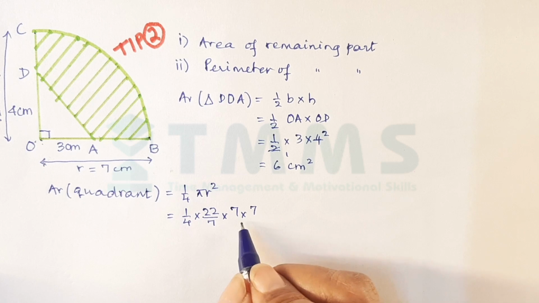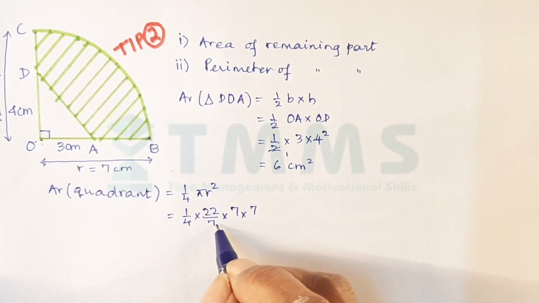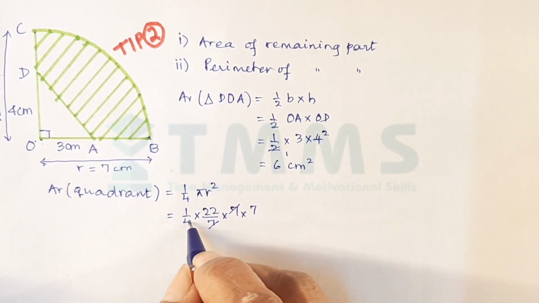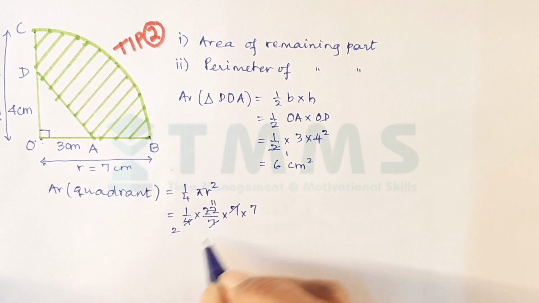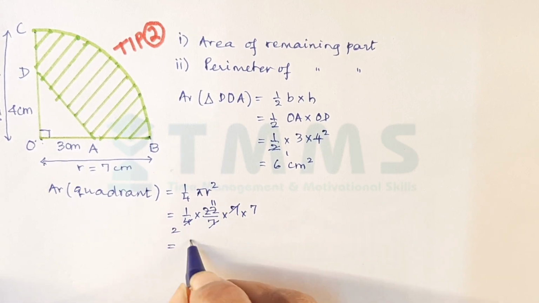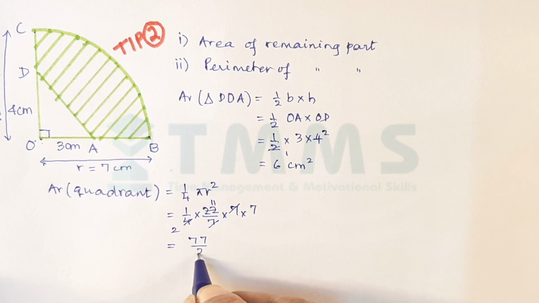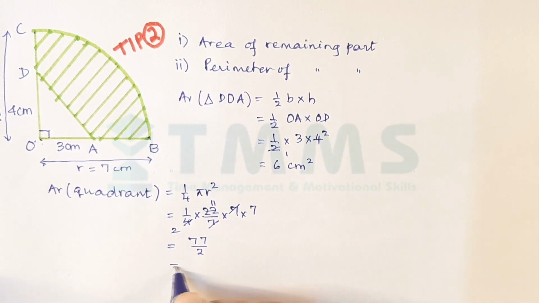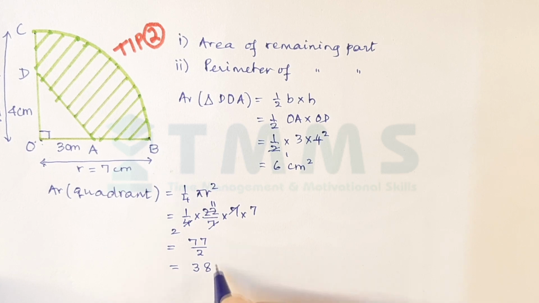So we write r square means 7 into 7. And that will give us 11 into 7, which is 77 upon 2, which is equal to 38.5 centimeters square.